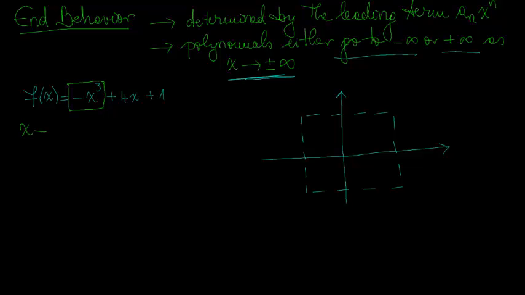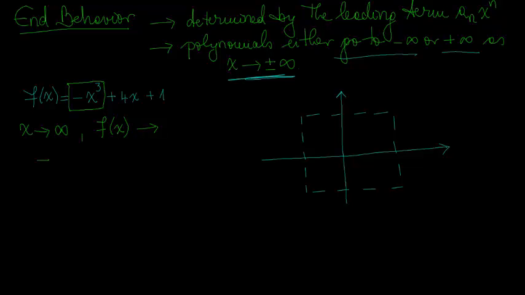We're trying to determine, as x goes to infinity, what happens with the corresponding f of x value. And we have two choices. Is it going to shoot up to plus infinity or down to negative infinity? The way we're going to determine this is by, in quotation marks, evaluating infinity into the leading term.